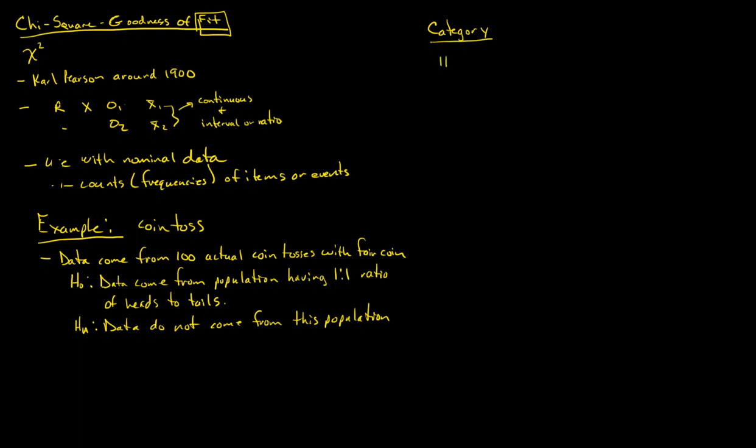We're going to say we have a heads event and a tails event, and let's set up a little table here. We're going to put the N here.